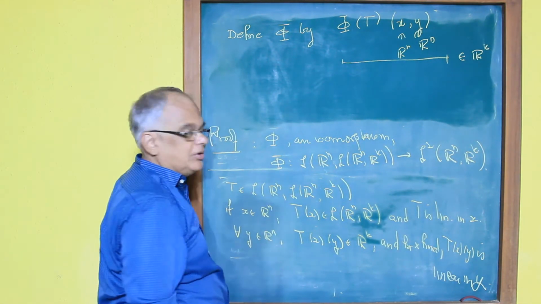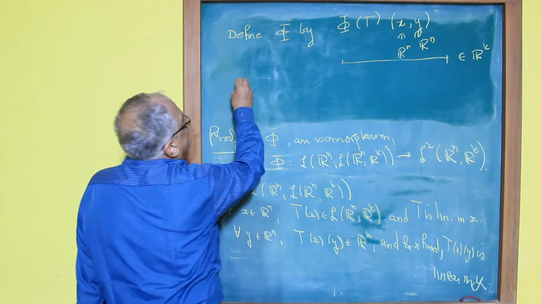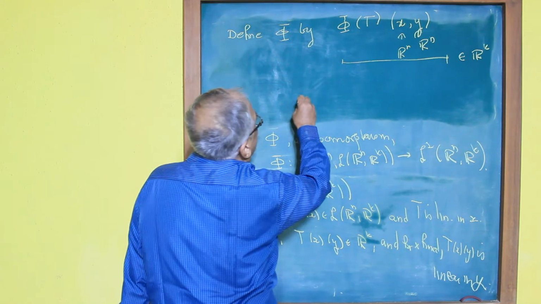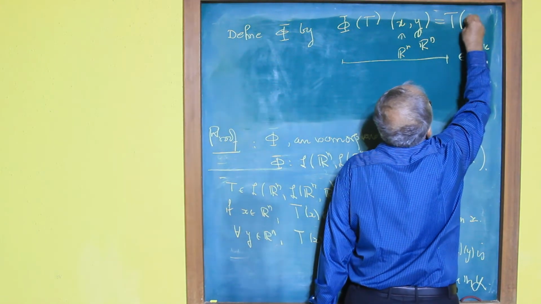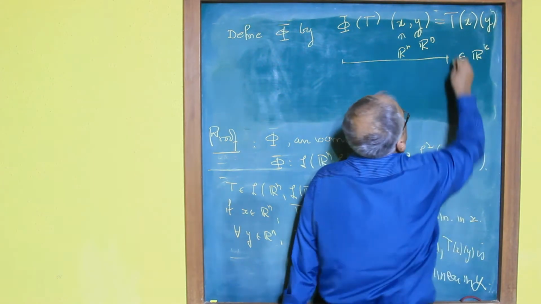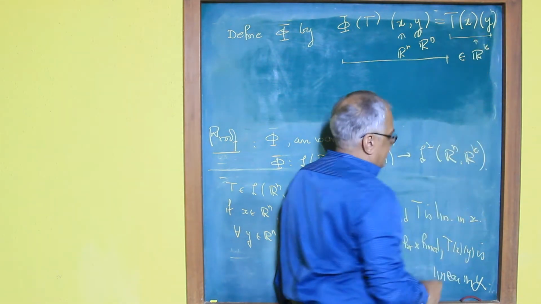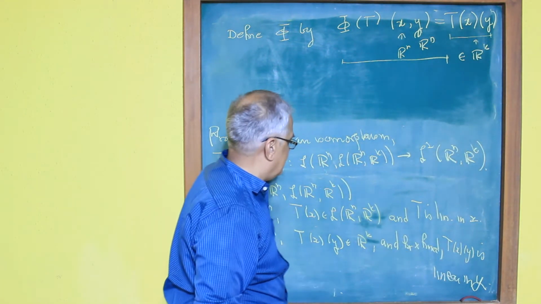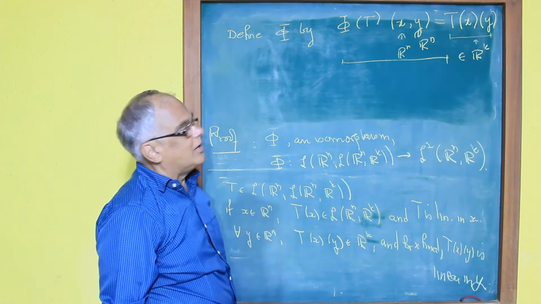Once you've understood what's going on here, the only thing you can do is phi T x y is equal to T of x evaluated at y. Remember, this thing is also in Rk.